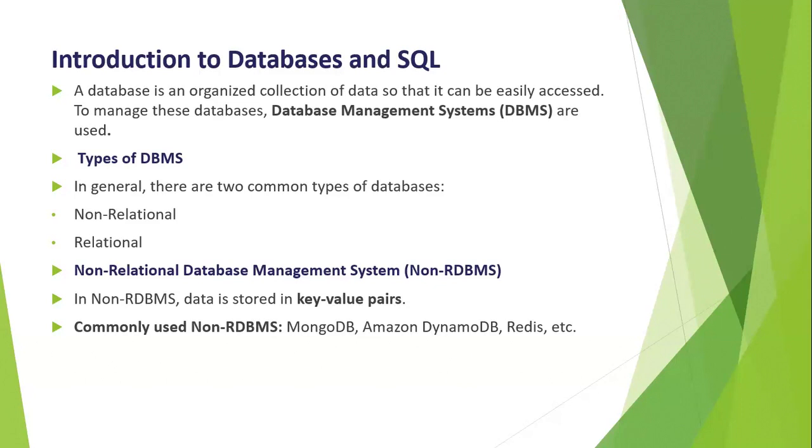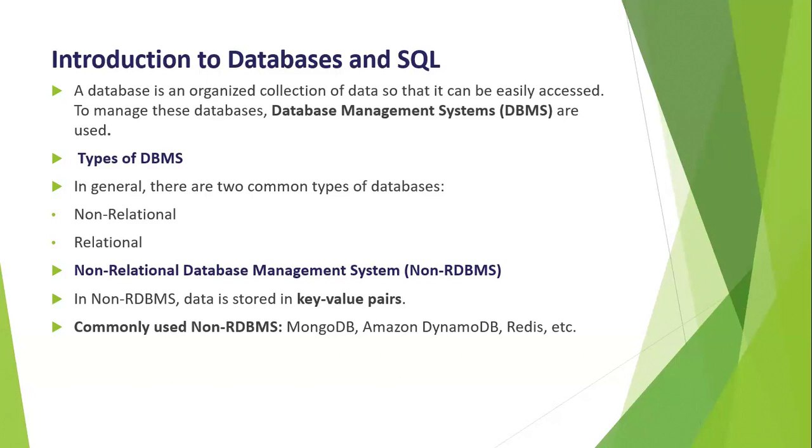Now there are two types of databases, relational and non-relational. Relational means we can relate two tables. For example, the department table can be related to the employee table because each employee will be working in some department.